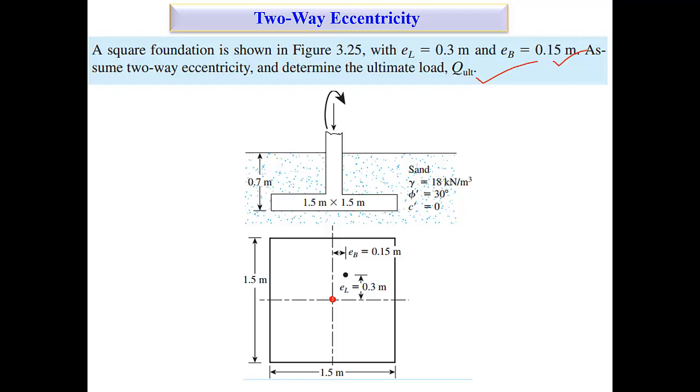This is the center point of your footing, and this distance is your EL, 0.3 meter, and this is your EB, that is 0.15 meter.